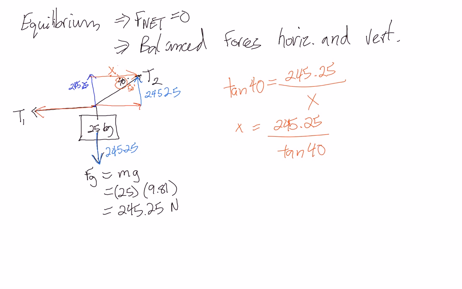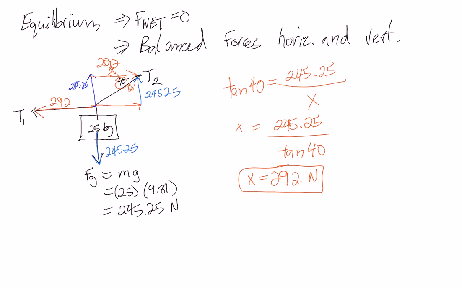If you do that on your calculator, we get an answer of 292.27. So we'll just round it off to 292, which is close enough. So that means we have 292 going to the right, so the rope to the left also has to be 292 because those have to balance.